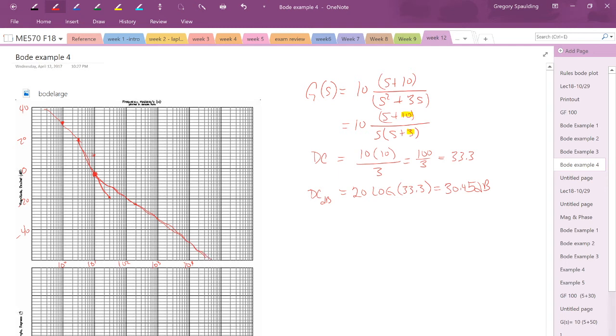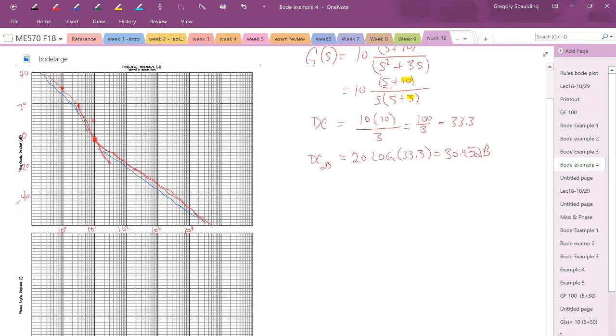If we smooth this out a little bit, it's going to wave through here, and we end up with something like that for the magnitude of our Bode plot.